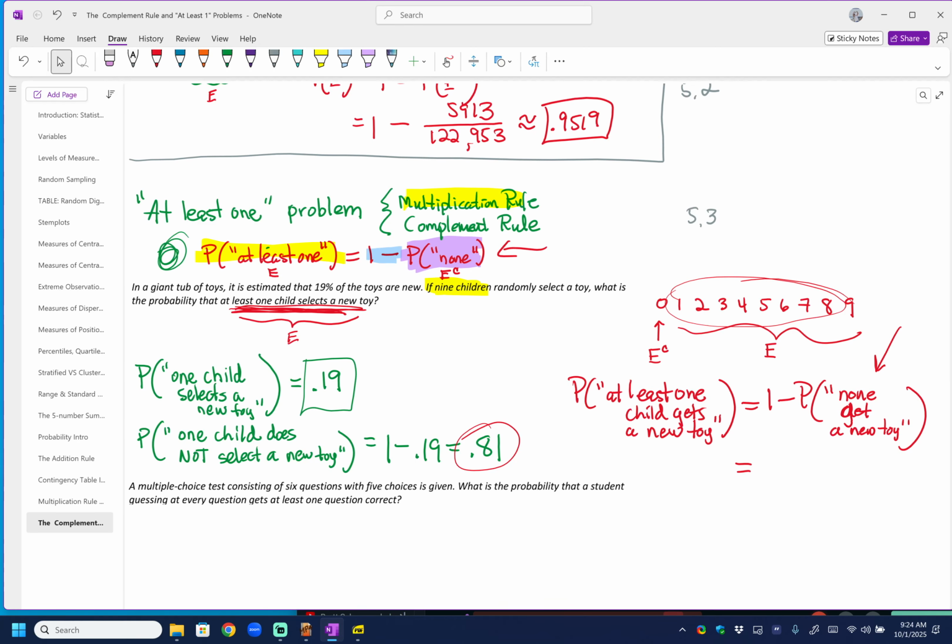So if you're following me from what we did here when we said 0.19 to the 9th gives us the probability for all 9 children getting a toy, then the same logic should follow for this one, that 0.81 to the 9th should give us none of the children getting a toy. Therefore, believe it or not, this is what's going to give us the probability that we're looking for.